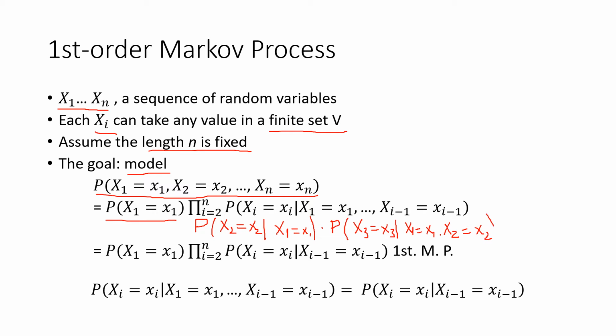For example, for i equals 4, we can write P of X4 equals x4 conditioned on 3 previous words, that is X1 equals x1, X2 equals x2, and X3 equals x3, and so on.